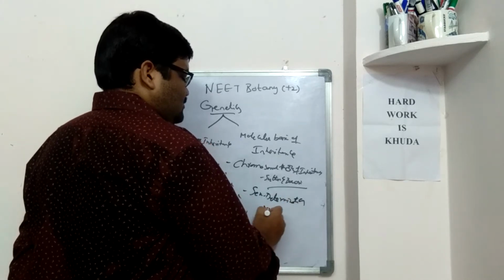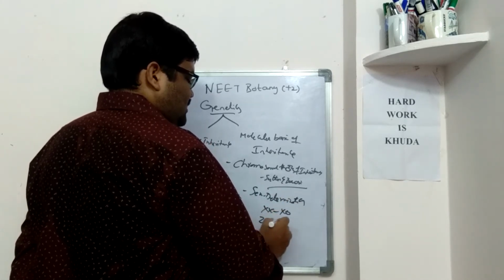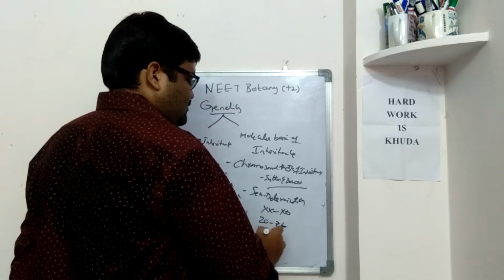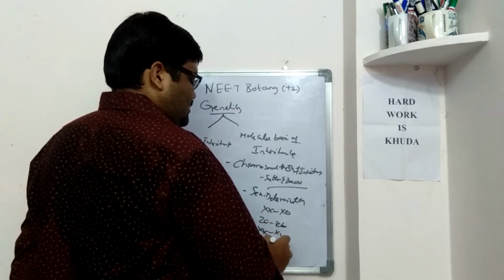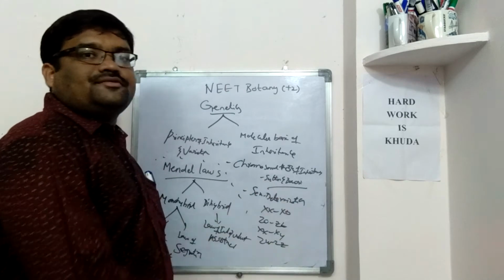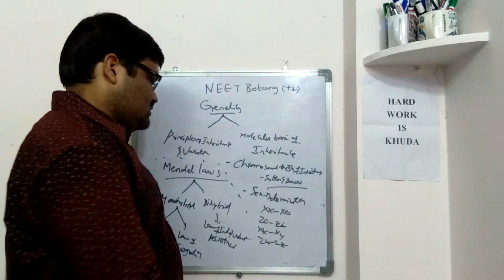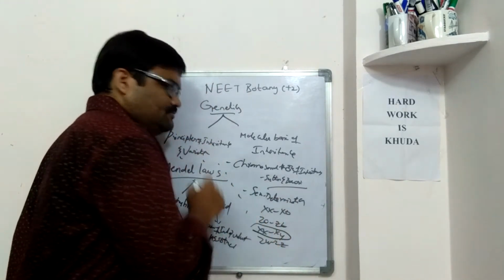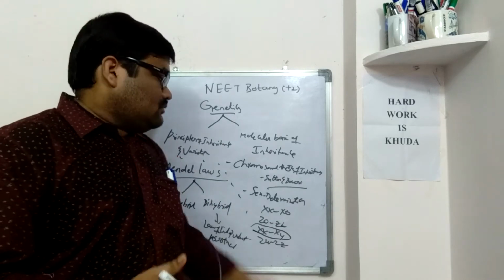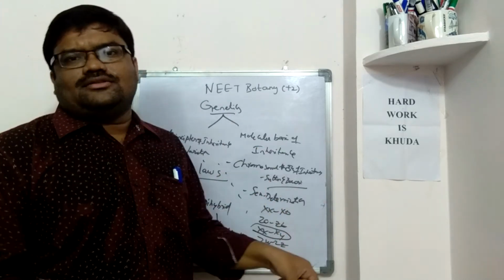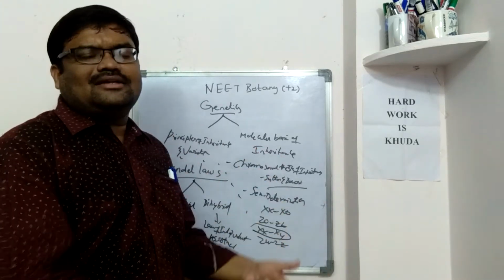That means XX-XO, ZO, ZZ, XX, XY, ZW, ZZ. Different ways of sex determination, how to understand. For example, XX-XY in human beings. How to understand different types and organisms, with examples. Likewise, how to understand and learn.